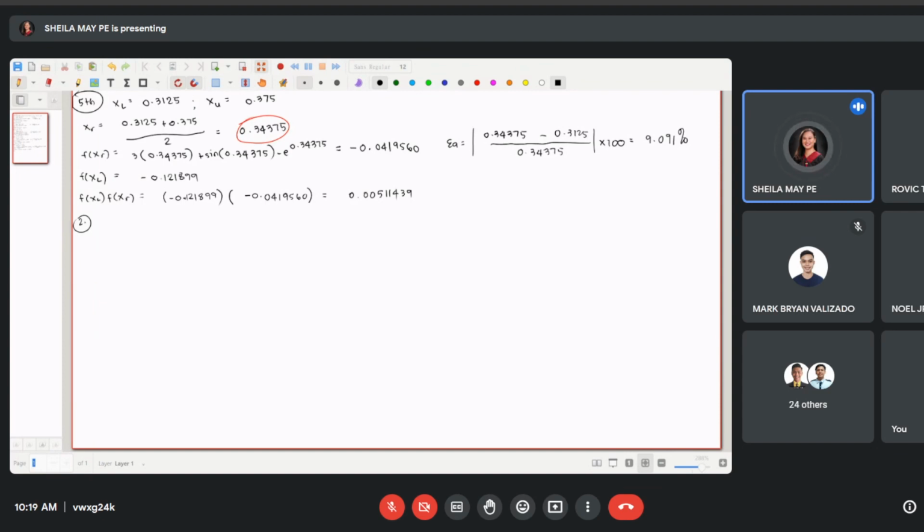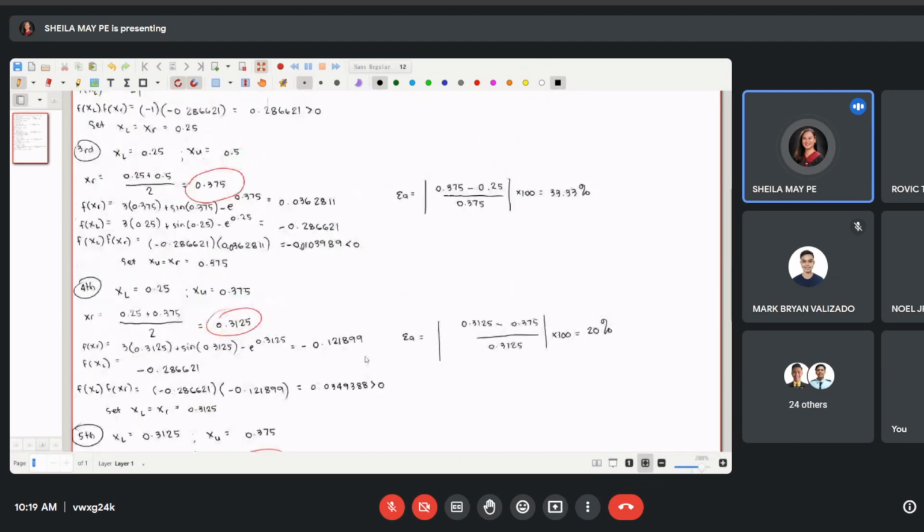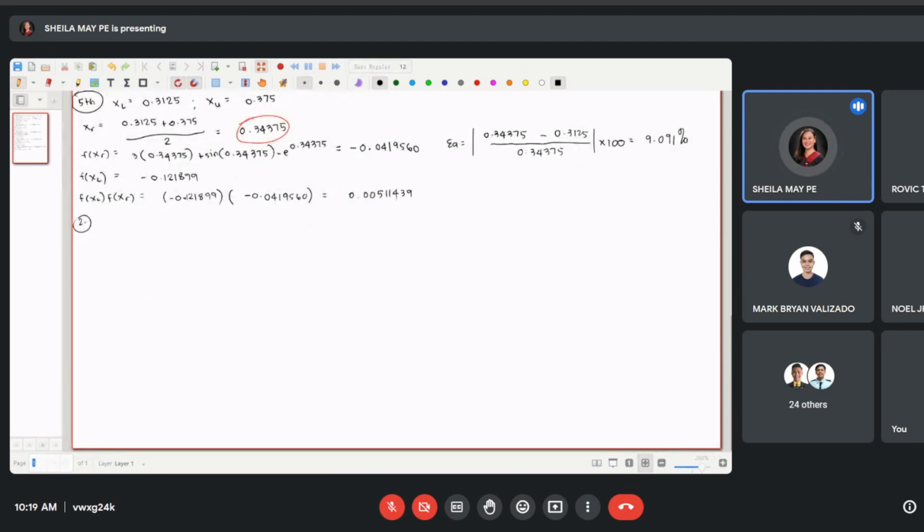Now, let's do false position. Don't worry, class, I will send you what I solved here. But I believe you are recording or taking screenshots. Okay?